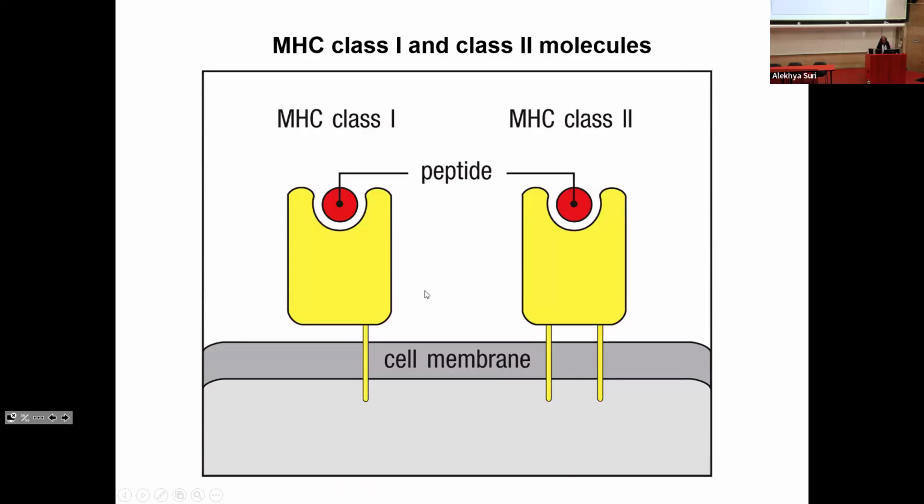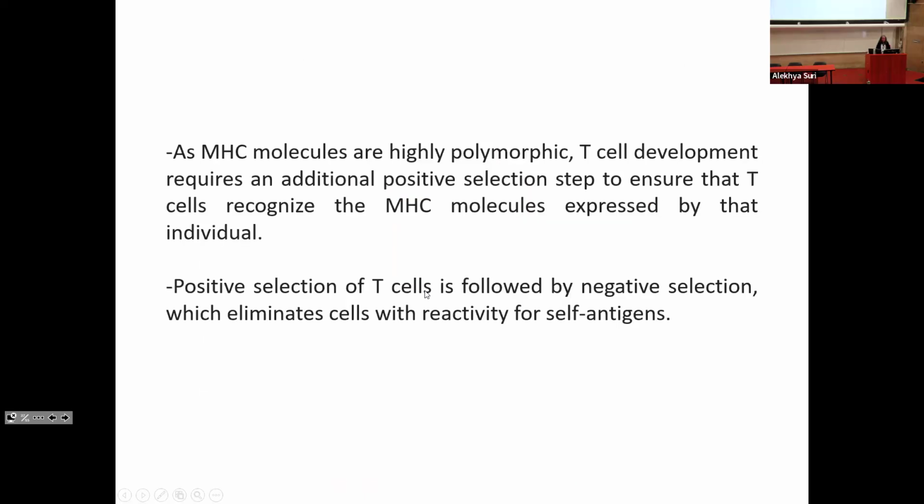And so it's very important that T cell development requires an additional selection step. Because the T cell is seeing an antigen-MHC complex, the MHC molecule that it's recognizing in the host should be an MHC molecule that's present in that individual, right? So that T cell has to recognize a self-MHC molecule in association with the peptide.